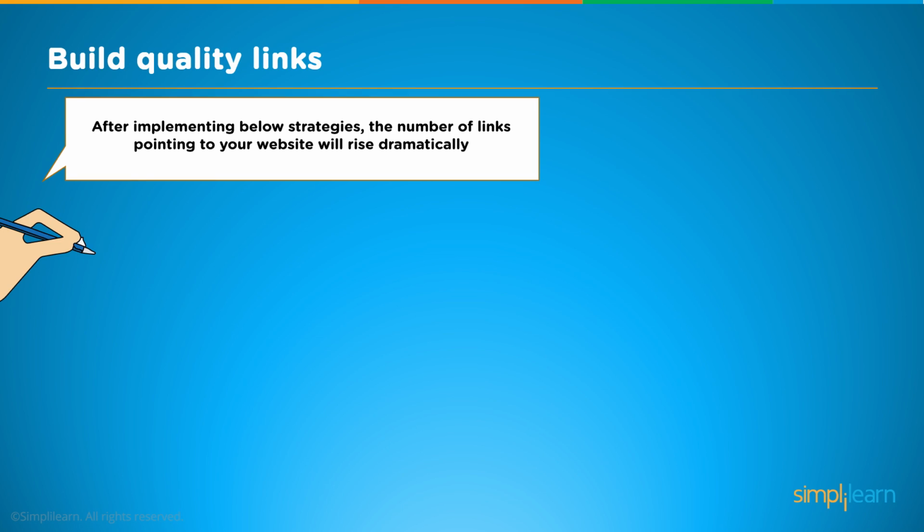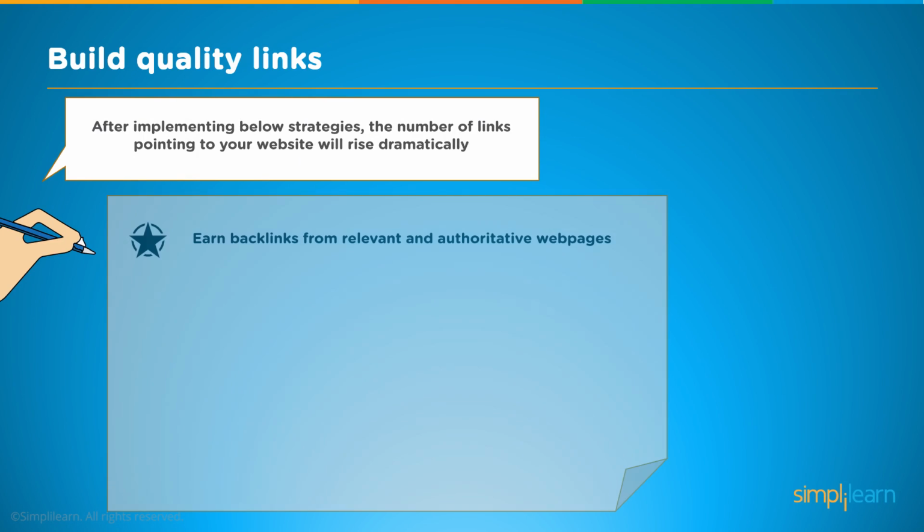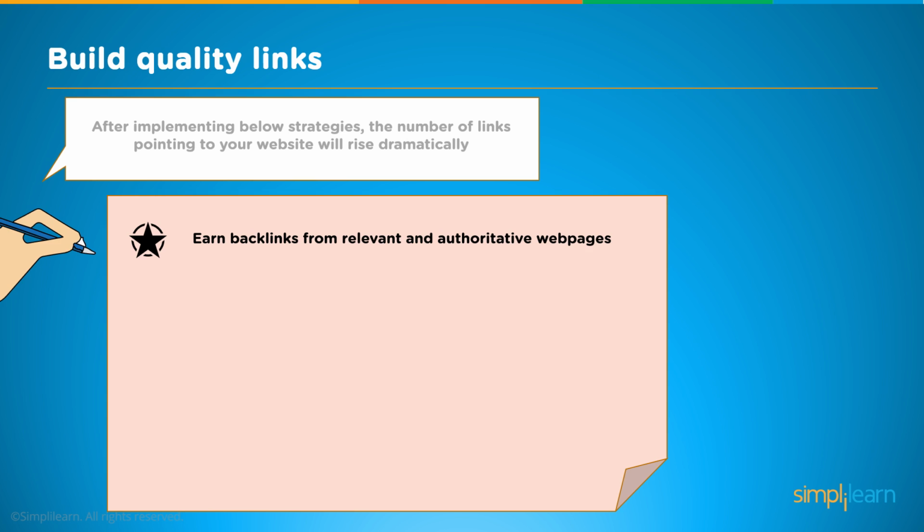So let's talk about what kind of strategies you should implement. If you implement these strategies, then you're going to likely see a lift in the SERPs. Earn backlinks from relevant and authoritative web pages. What's authoritative? Authoritative is subjective to some degree, but it's also a measurement in others.